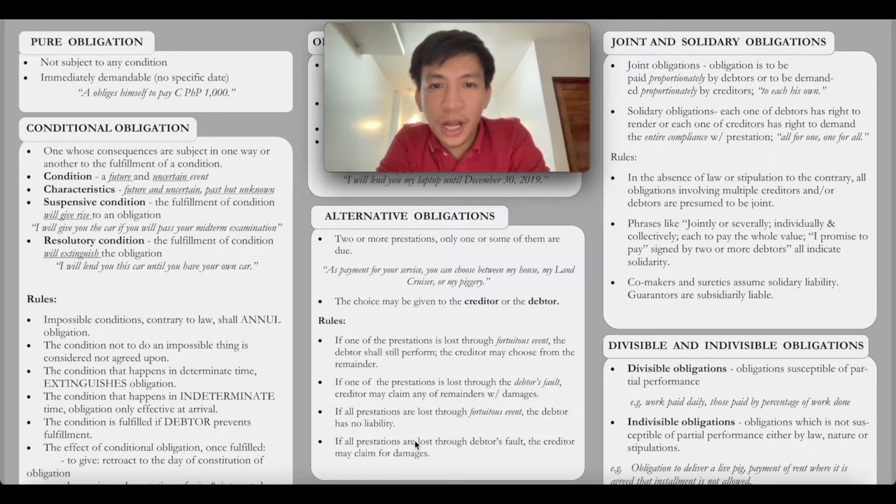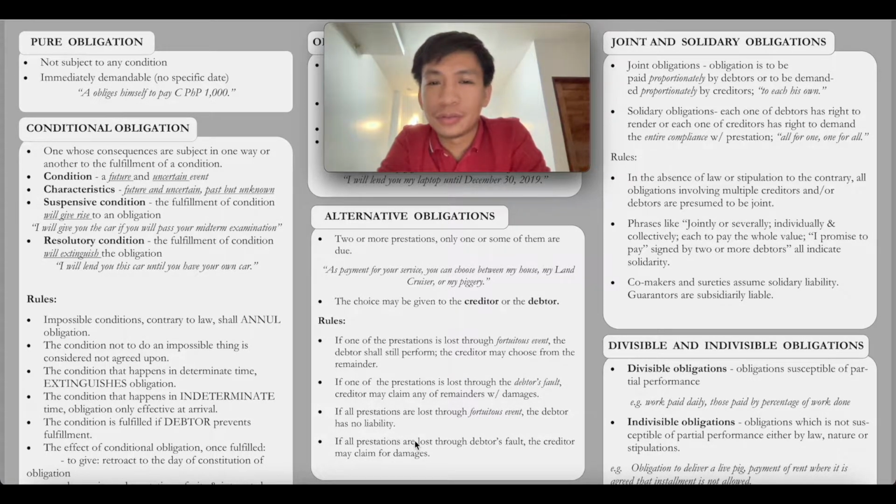Pero yung nangako na magbibigay ng 1 million, pinipigilan ka naman na magkaroon ng jowa. For example, sinisiraan ka sa kung sino mang lalaking lumapit sa'yo, or more brutal, pinapatay niya lahat ng lalaking lumalapit sa'yo. Well, in that sense, kapag pinipigilan ni debtor na mangyari yung condition para wala siyang obligation, ibig sabihin na-fulfill yung condition. Therefore, nagkakaroon din siya ng obligation.